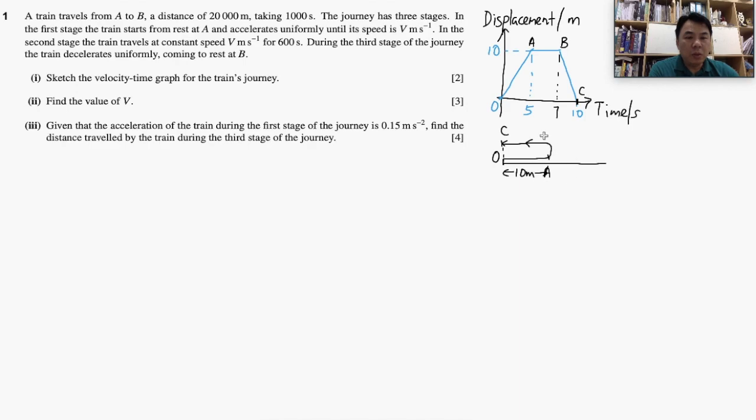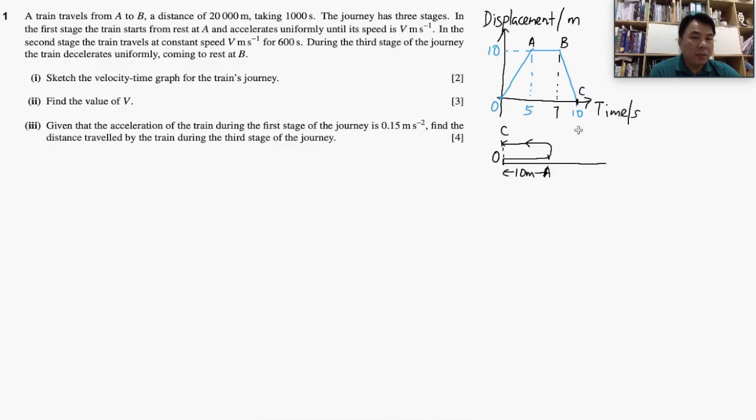So the main thing you need to remember about the graph of displacement against time, or distance against time, is the gradient of the graph. The gradient of OA is uniform, meaning that the object is moving at a constant velocity. The velocity between A and B is 0 because the gradient is 0. And the velocity for BC is represented by the gradient of BC, which is negative.